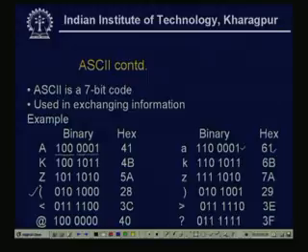This is the opening parenthesis, given by these 7-bit binary values, and the hex is 28. The closing parenthesis is similarly defined by these 7-bit numbers, and the hex value is 29. If it is an operator, say less than or greater than, then it also has some ASCII code.